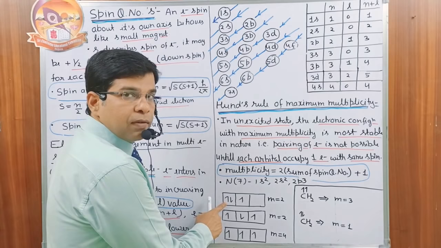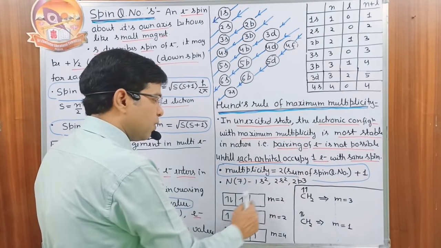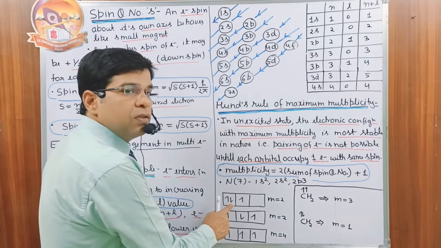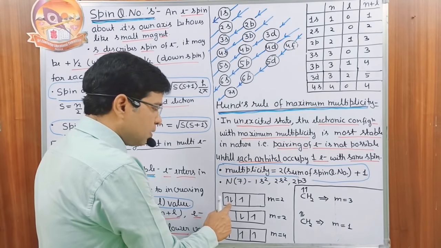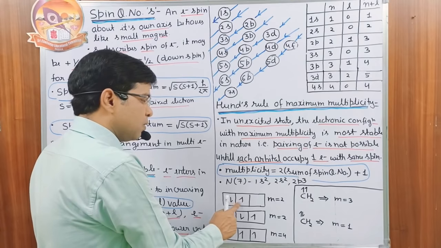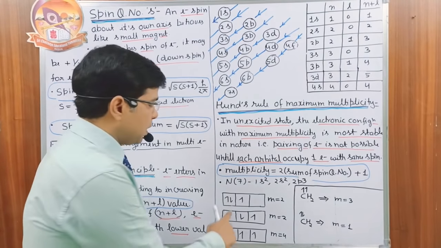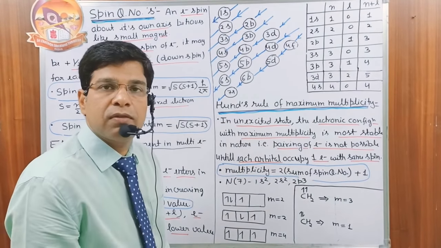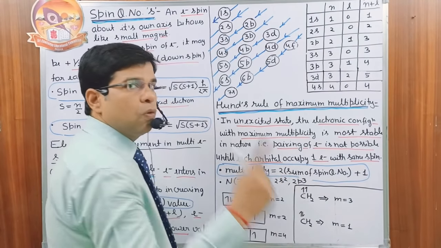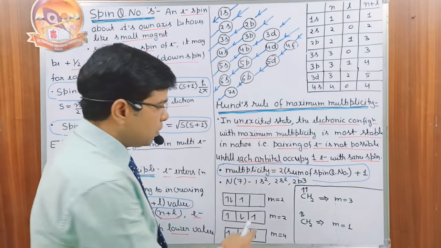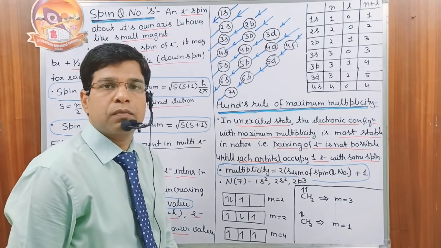Sum of the spin quantum numbers: plus half, minus half, plus half. Plus half and minus half cancel out each other. So we have plus half multiplied by 2, 1, 1 plus 1, multiplicity is 2.